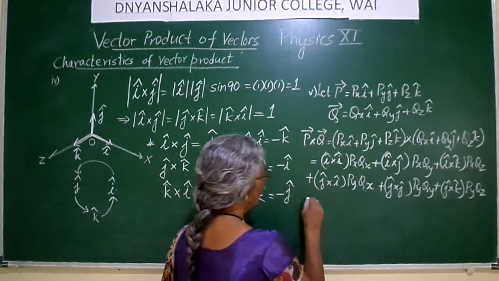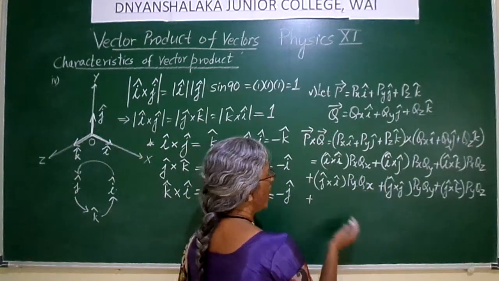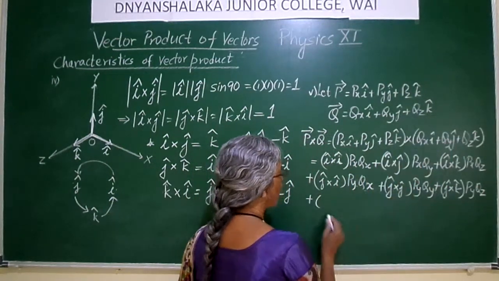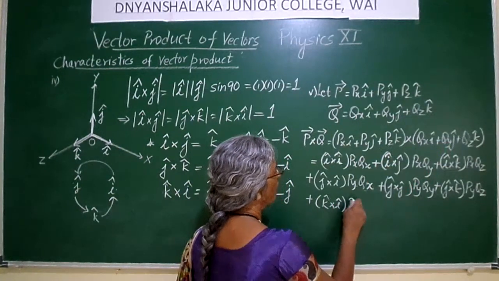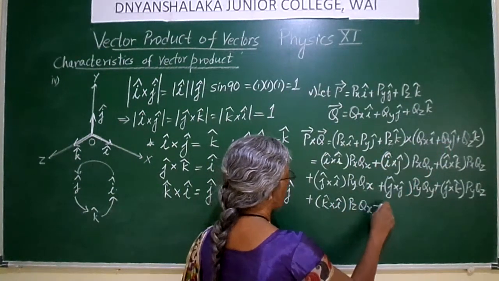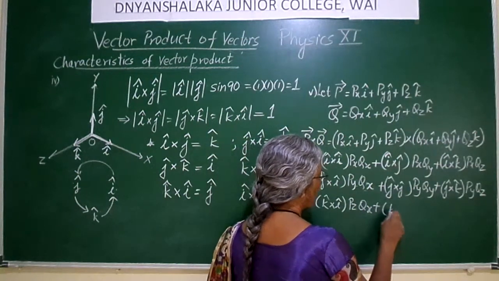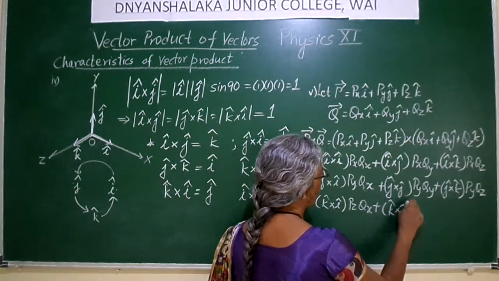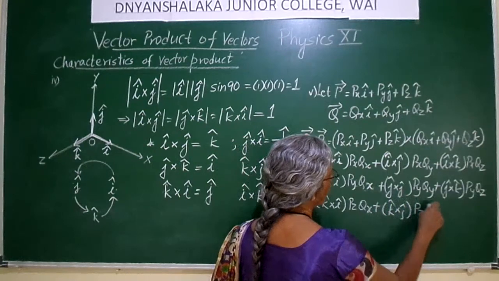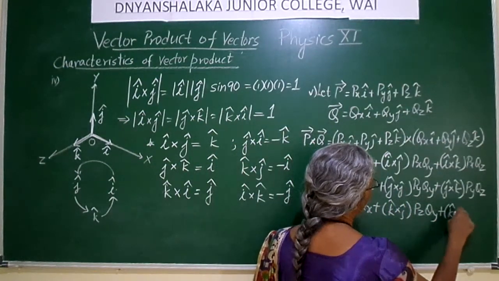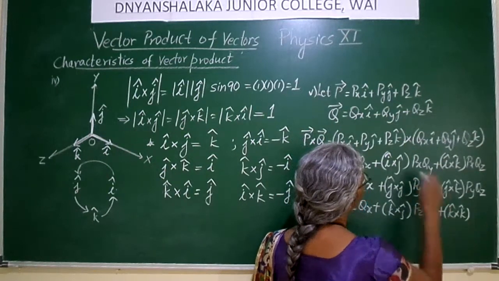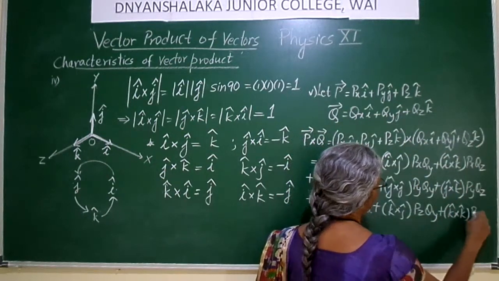Plus, next, vector k cross vector I into pz qx plus vector k cross vector j into pz qy, plus vector k cross vector k into pz qz.